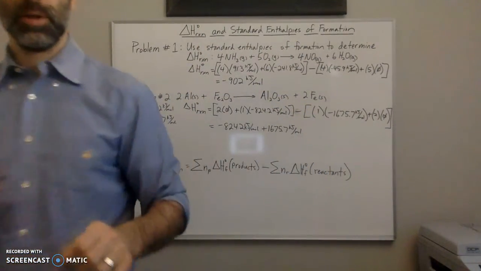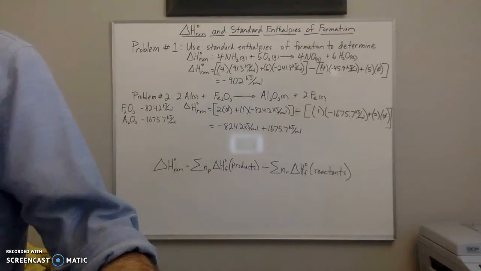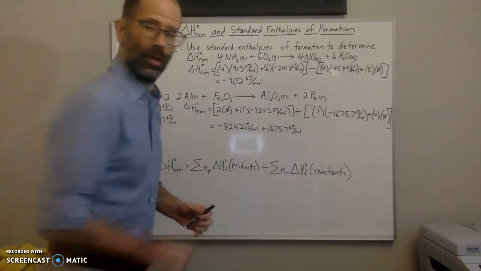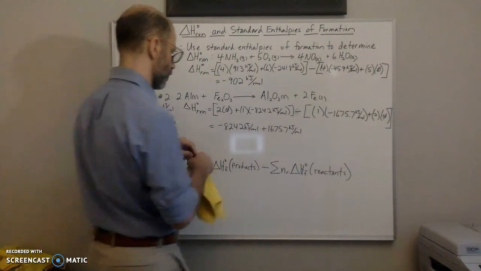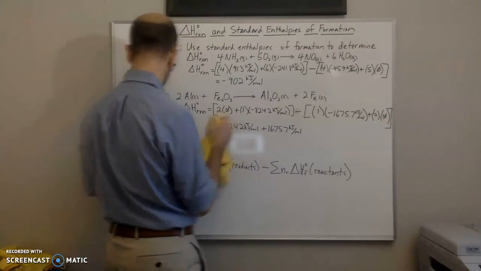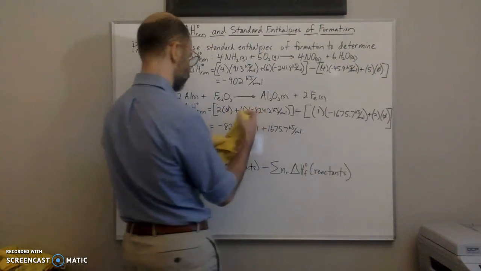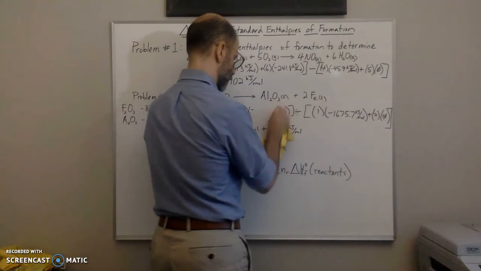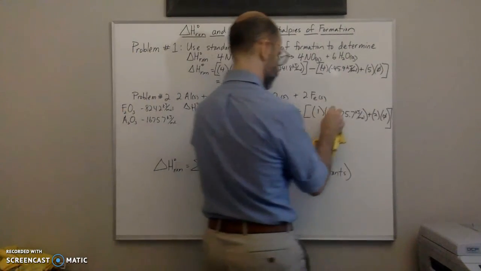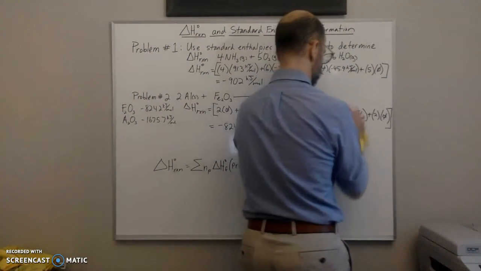And then if we're going to calculate this, oops, I made a mistake, so I need to switch these around. I put iron over here, so remember we're supposed to do products minus reactants. So I have to switch these numbers around.